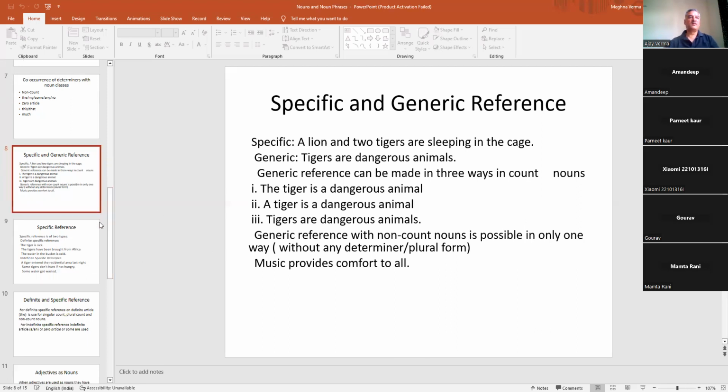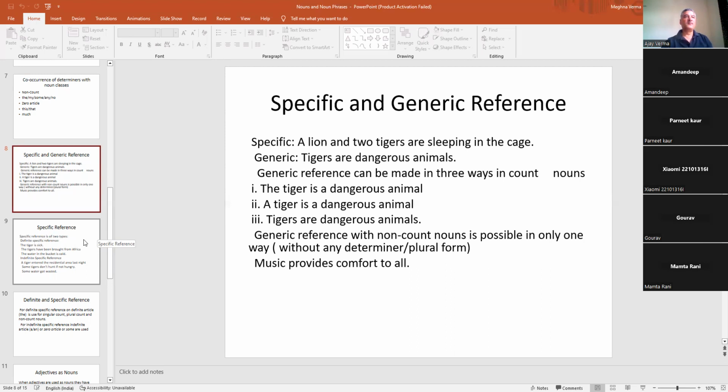Music provides comfort to all. Education is important for our society. So here these references are generic references. You're not referring to a specific unit or part of a noun.